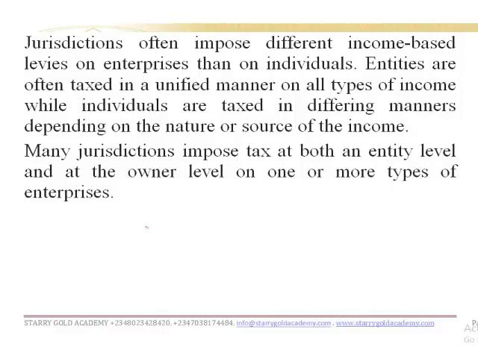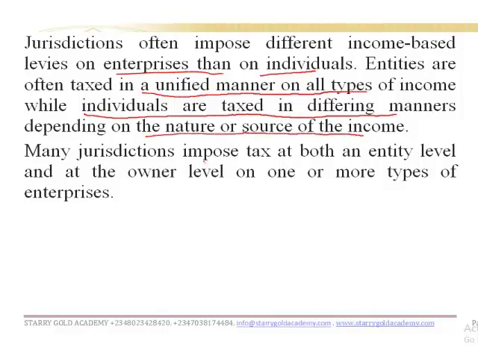So jurisdictions often impose different income-based levies on enterprises than on individuals. Entities are often taxed in a unified manner on all types of income, while individuals are taxed in differing manners depending on the nature or source of the income. Many jurisdictions impose tax at both an entity level and at the owner level on one or more types of enterprises.